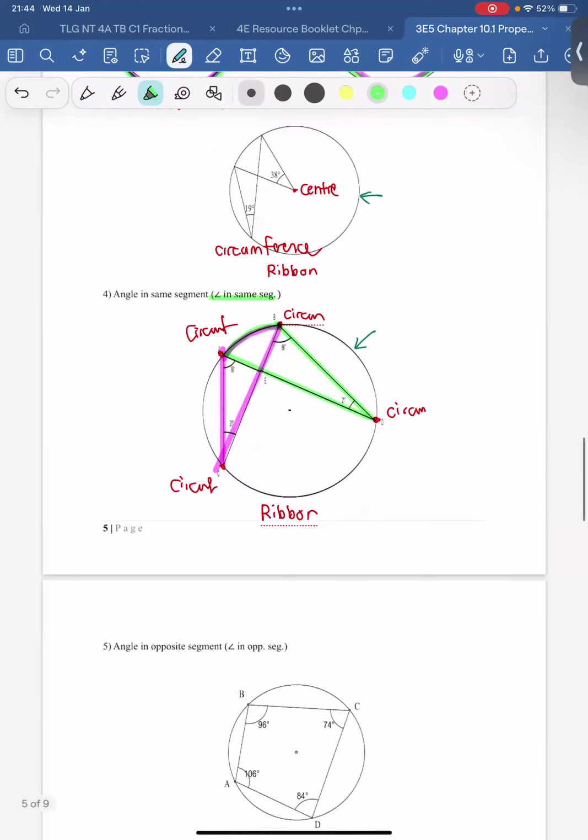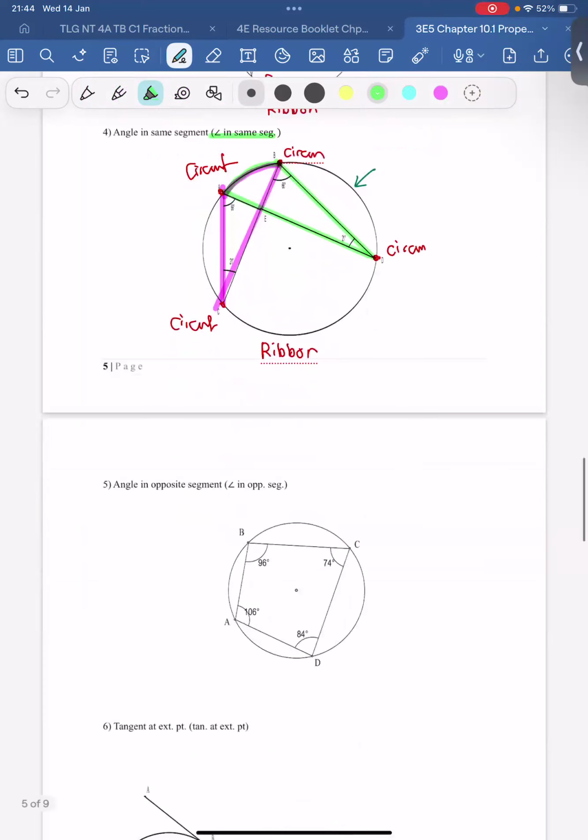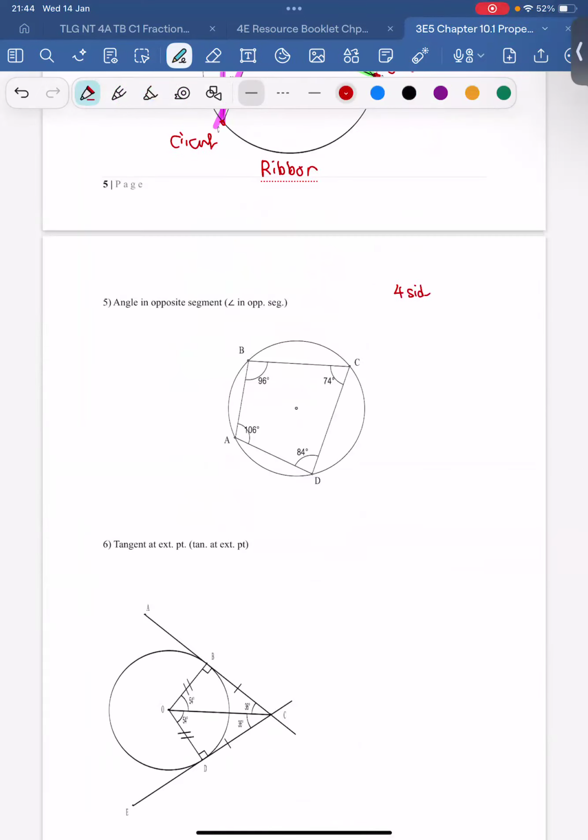Okay, next one, what should you look out for? You should look out for a four-sided figure that touches all the corners, that touches the circumference. So you can see it touches the circumference, it touches the circumference.